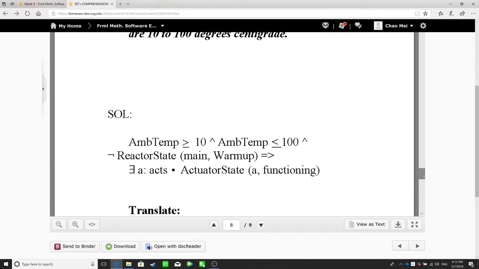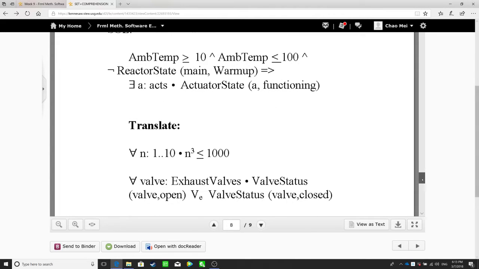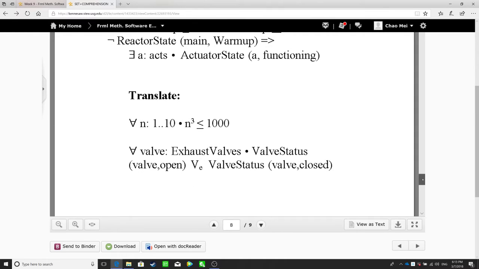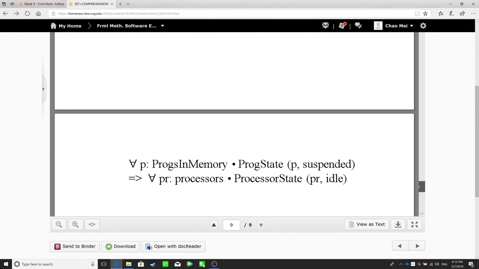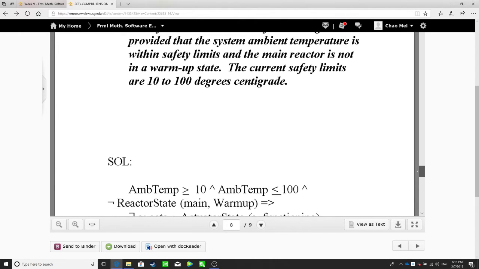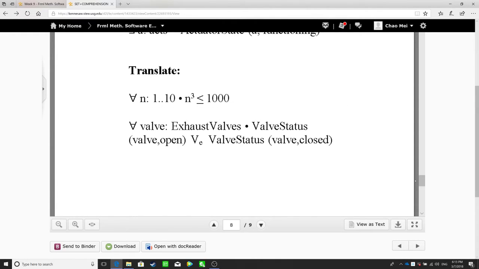Is this notation if you made it like 10 greater or equal to 100 Celsius degrees? The function is a safety limits afterwards, so it's a range value.